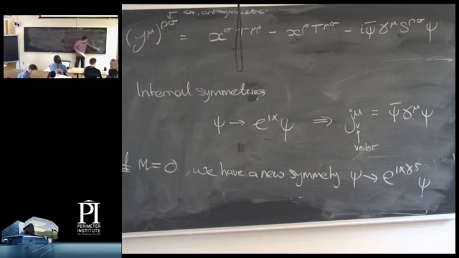Okay, so what this gamma 5 in this exponent is doing is it's making u plus transform as e to the i alpha and u minus transform as e to the minus i alpha if we're in the chiral representation. But this has the advantage that it holds for any gamma matrices at all. Okay?